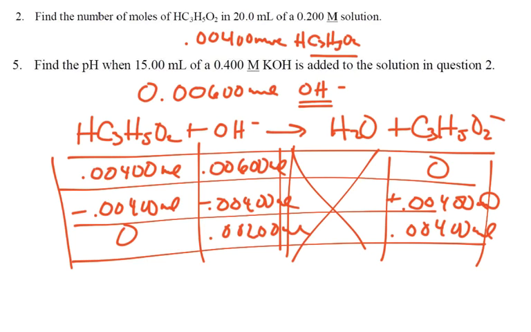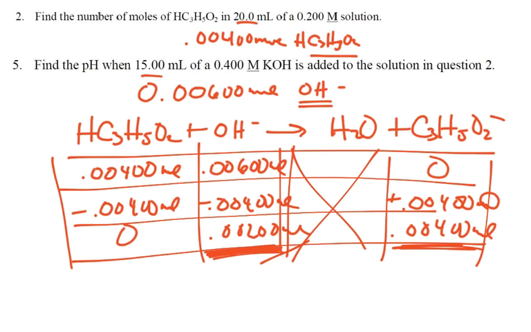Now it turns out that for this reaction, this is so much stronger than this, that the pH is going to be based on the OH minus concentration. So I'm going to say, well, how much would I have? 20 milliliters, I have 15 milliliters, so 35 milliliters.